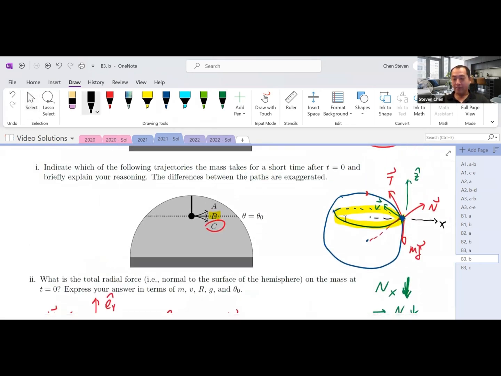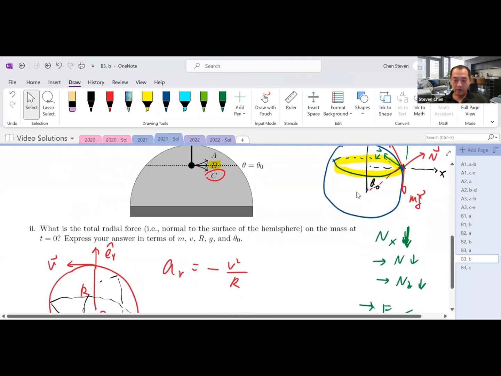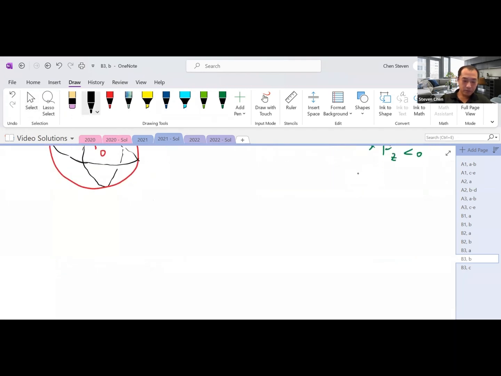I'll still use this free body diagram. And for this free body diagram, recall that theta naught is defined as this one. So let me draw it here. Theta naught, let me put it down here. And n points towards the center of the sphere.